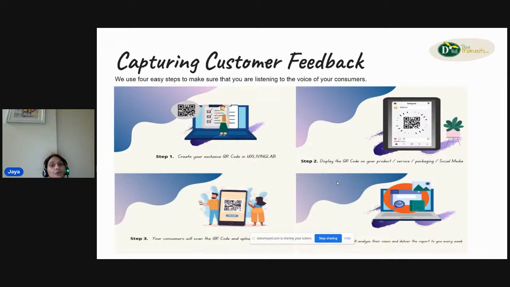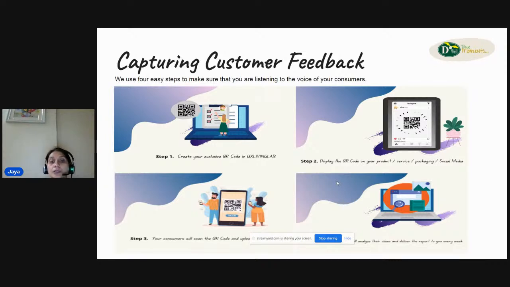So according to me, it is basically based on customer feedback. We only use 4 steps to make it happen for you. First, we create a QR code for you. Second, we display the QR code on your product, service, packaging, whatever you have in a service part, or even on social media.